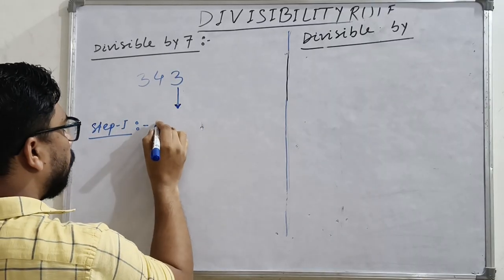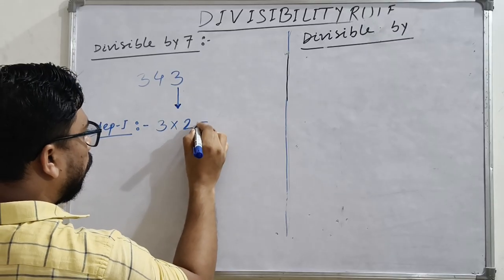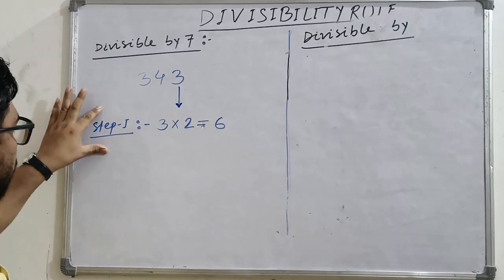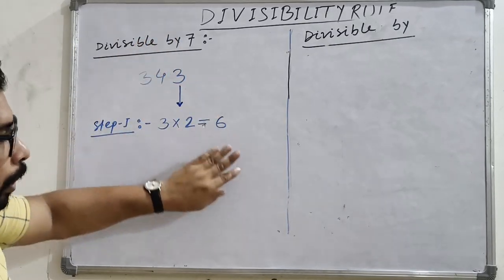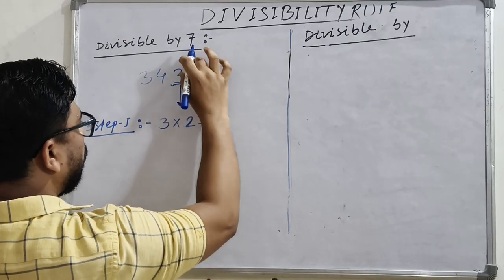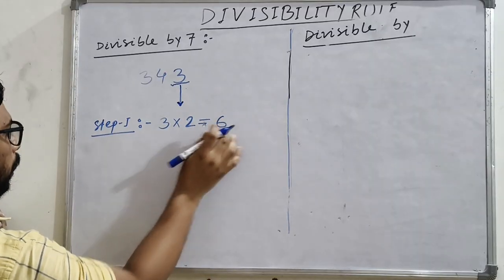What is the double of this? 3 into 2, double. How much is it? 6. Okay. The unit digit is this. Double the unit digit, which is equal to 6.